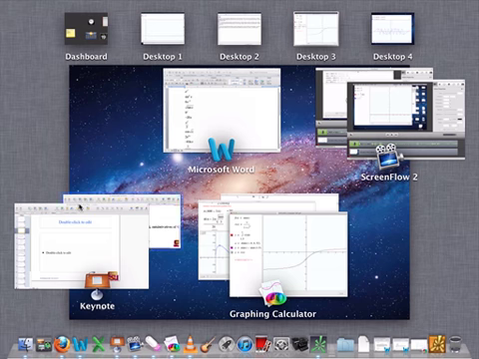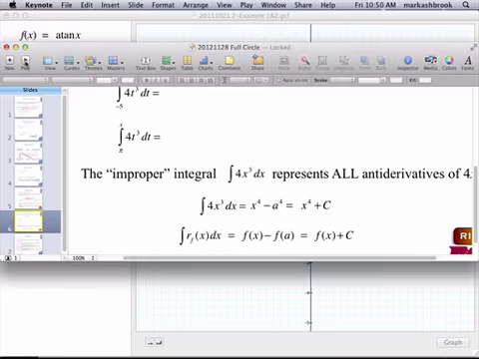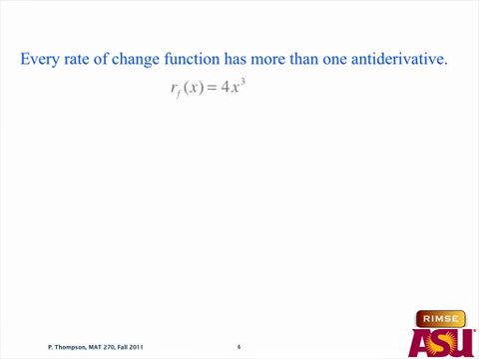All right, so where are we at here? So this was the slide we were at last time. Given a rate function, how many accumulation functions does it have? Right? Each one of those is an antiderivative. These are all antiderivatives for that rate function.